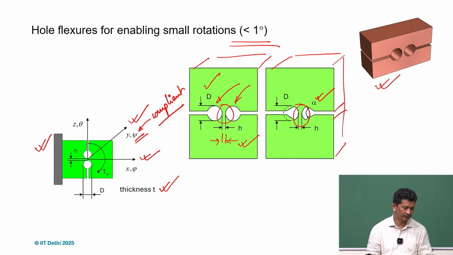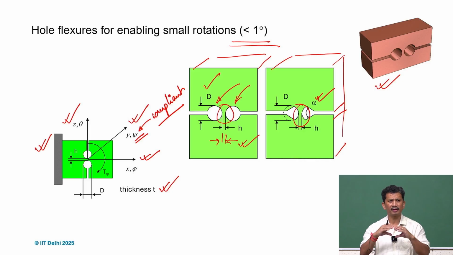When we look at z, z again is a stiff direction and theta as well. Because of the large thickness, theta is also constrained. So in 3 dimensions, we can easily say that we have only one degree of freedom, and that is psi, rotation along the y axis, and that way we can create a hinge, a rotation axis.